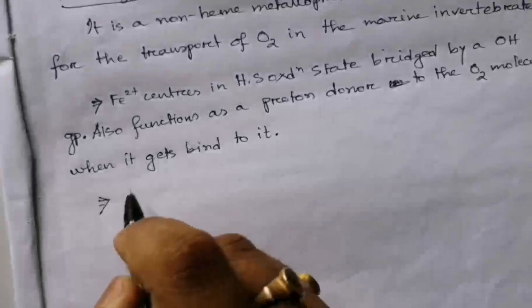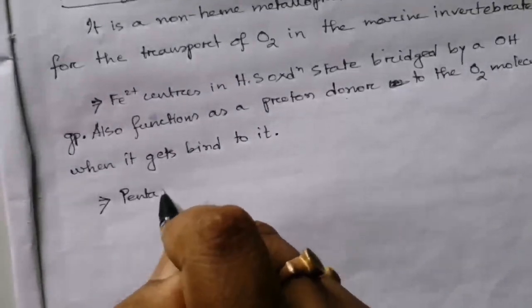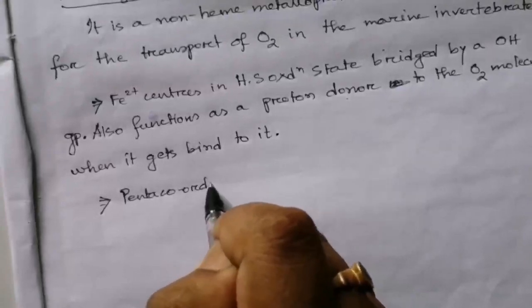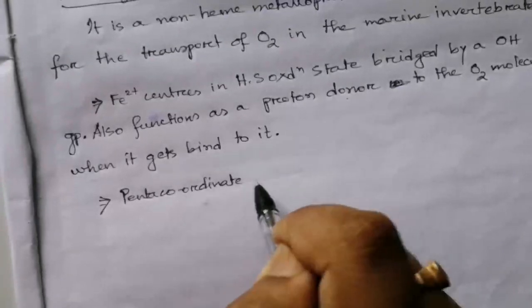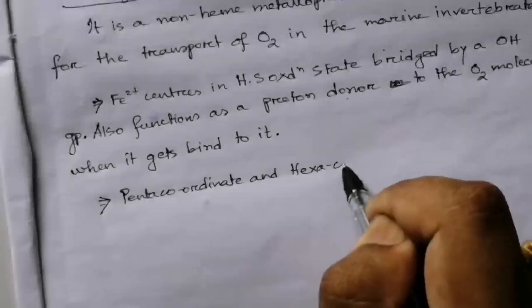Next, one of the ferrous ion centers is pentacoordinated and the other is hexacoordinated.